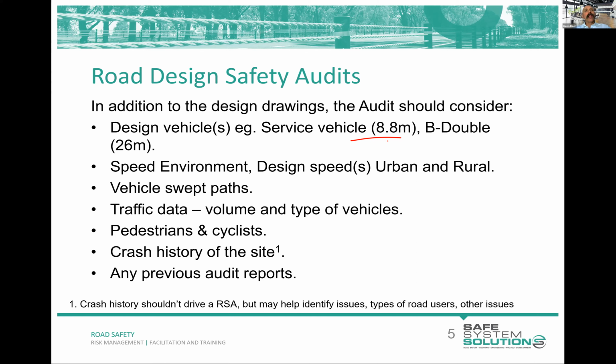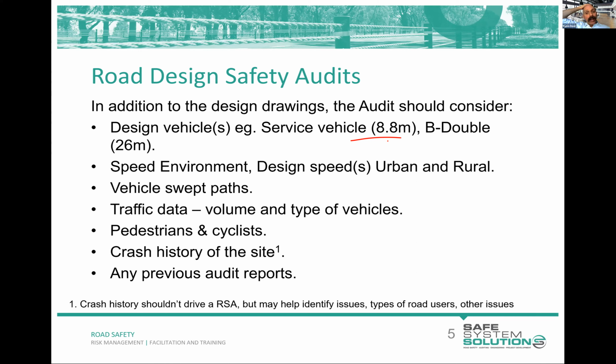But people often get this idea in their mind that people haven't chosen a big enough vehicle and that it should be bigger. In some cases, that's a safety issue. In some cases, it's the other way around. If the design vehicle is far too big, you can sometimes get very large intersections and large openings to roads that can facilitate smaller vehicles going faster around curves, because you've got these big wide areas to cater for these large vehicles.